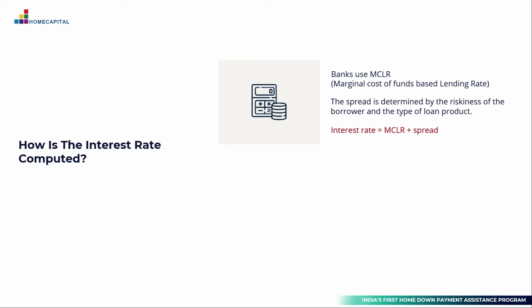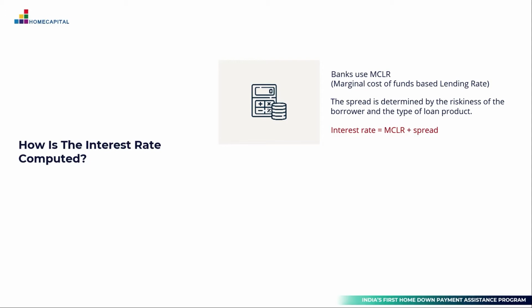So the rate at which the home loan is given to you is calculated as the MCLR rate plus a spread. A spread is basically the additional amount over and above the MCLR rate the bank is going to charge you. The spread is determined by the tenure for which the loan is given to you, and also by how risky the bank perceives giving a loan to you.